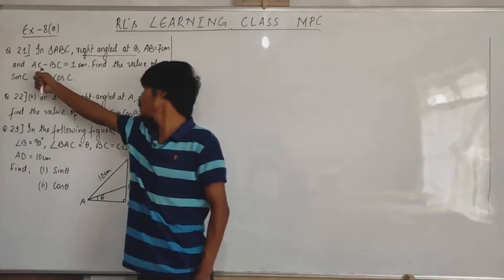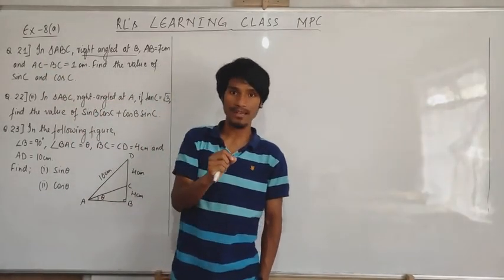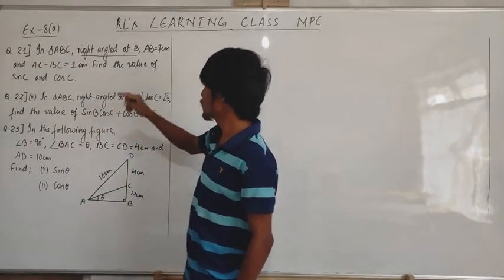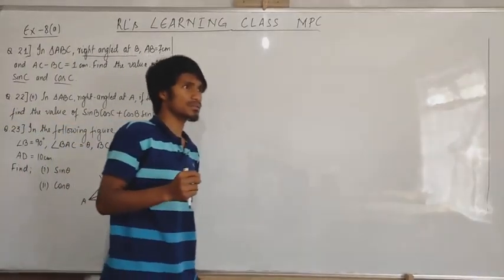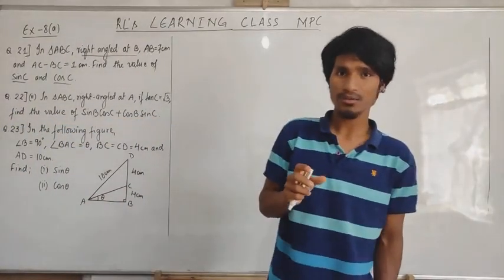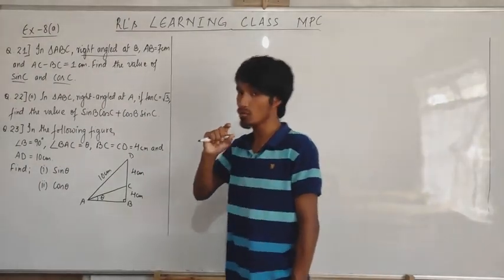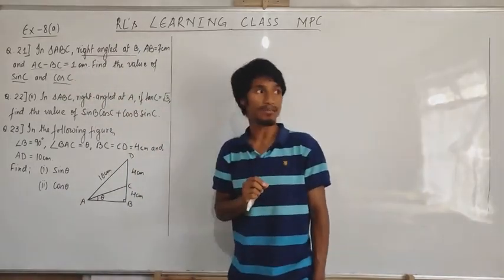They don't give the exact value of AC or BC, just the difference between AC and BC, which is 1 centimeter. Then find the value of sin C and cos C. This question is not hard, it's very easy. The only thing that can confuse you is this part: AC minus BC is equal to 1 centimeter.